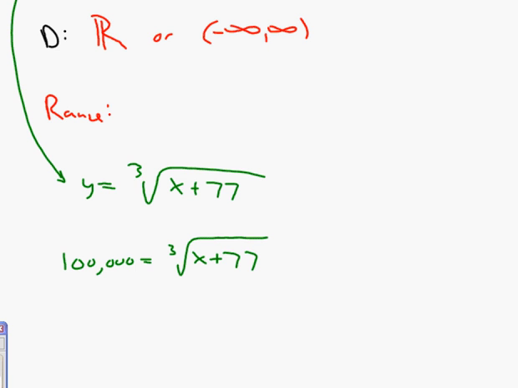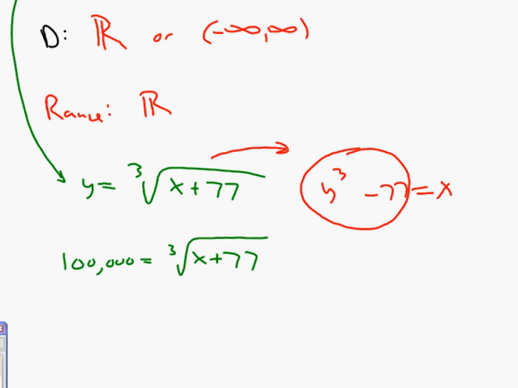If we were to take this function here and solve it for x, we would find that we would have y cubed, mistake there, y cubed minus 77 equals x. Well, this expression here could take on any value, right? There's no restrictions there. There's no value that y couldn't be where I'd have a problem cubing it and subtracting 77. So this kind of tells us that the range is also all reals.